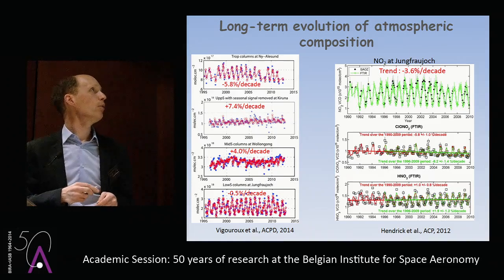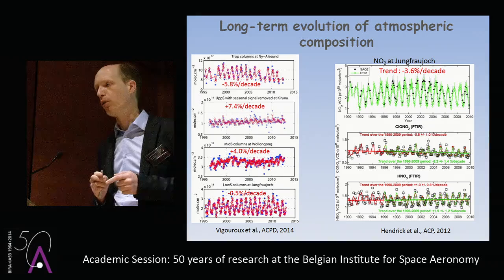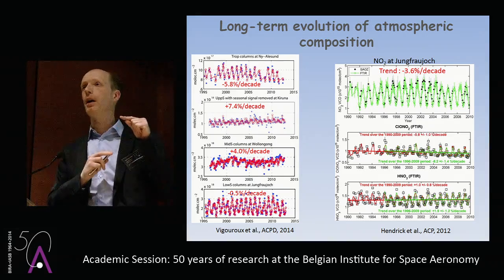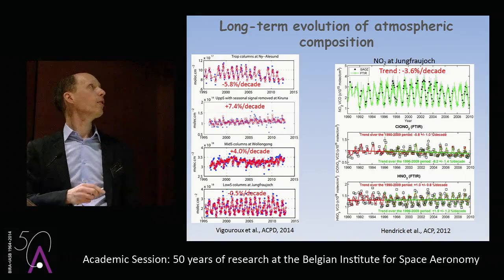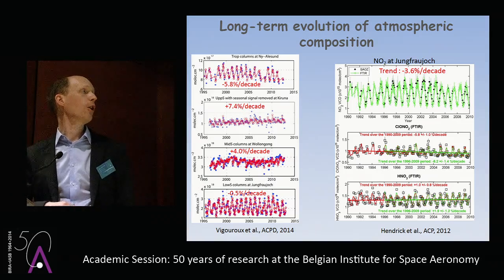And we can use FTIR data not just to determine the trends for the total column, but even for the columns in different partial layers. So this shows, for example, the tropospheric column, the upper stratospheric column, the mid-stratospheric column, and the lower stratospheric column at different sites.